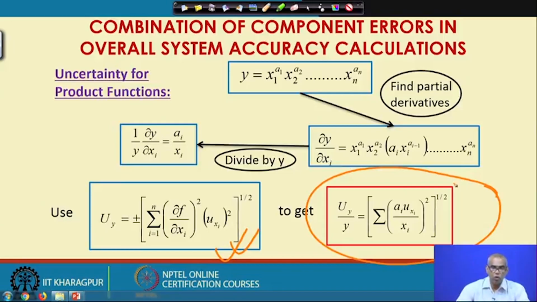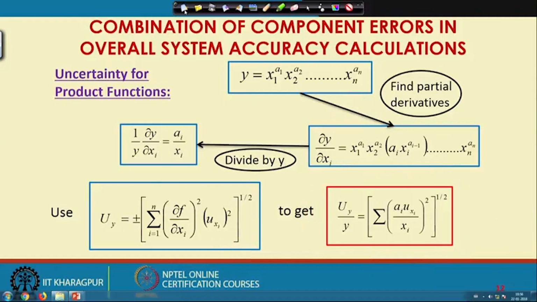So, basically you follow the same methodology. You have a product function here, so the derivatives have to be computed accordingly. Please note that you need to know the functional form, so that you can compute the derivatives.